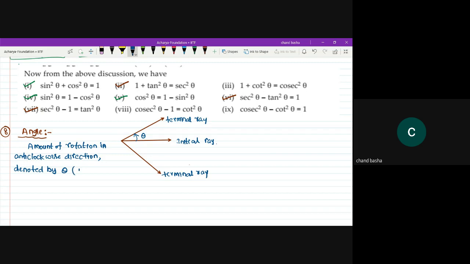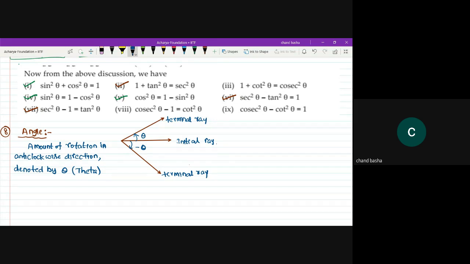Denoted by theta, read as theta. Sir, what happens when I take an angle in clockwise direction? That is the opposite direction to theta. We may get minus theta. So if the rotation is made in clockwise direction, then your angle can be negative, minus theta. Suppose here minus 45 is there, it should be plus 45. Plus 45, minus 45.